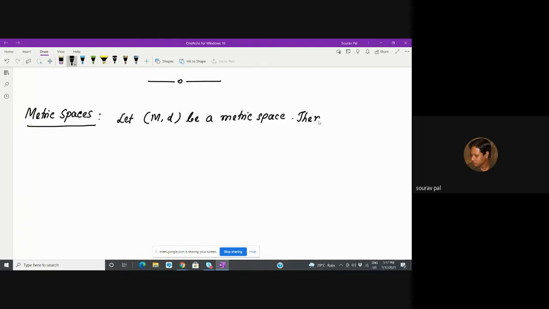Then a map F from the set of natural numbers to M is called a sequence in M. You all know this.